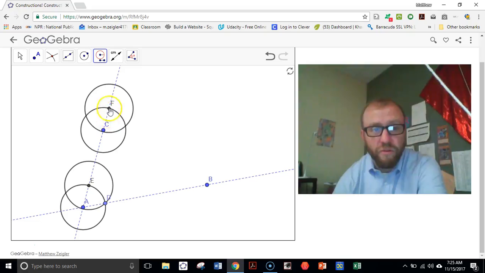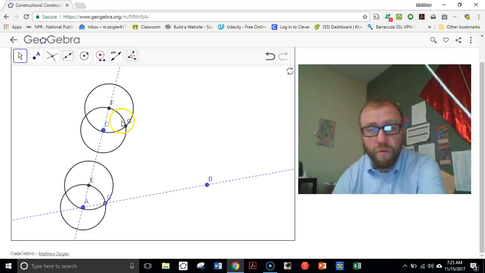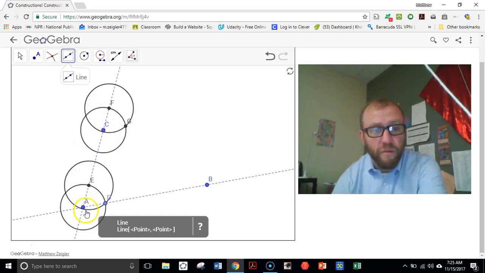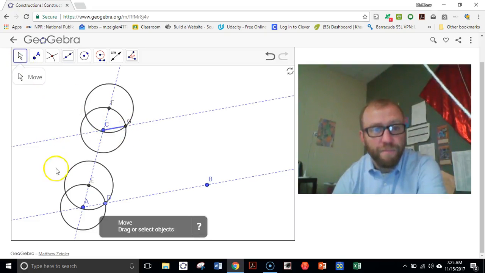So I've just copied these two circles, copied them up here. So I'll put a point right here at their intersection. So now, as these two circles down here grow, the two circles up here grow with them. And finally, since we have from A to D here, we have a line, we're going to draw that same line from C to G.